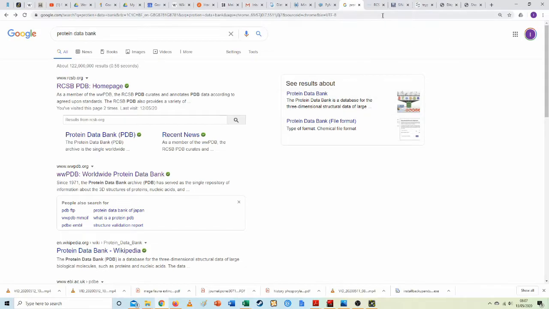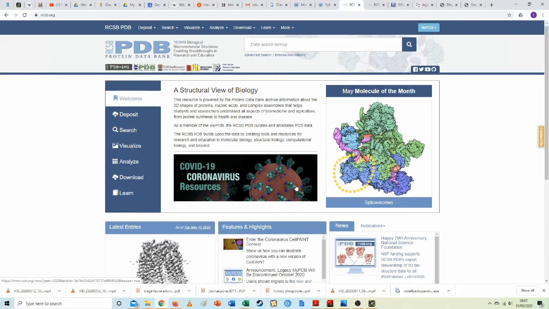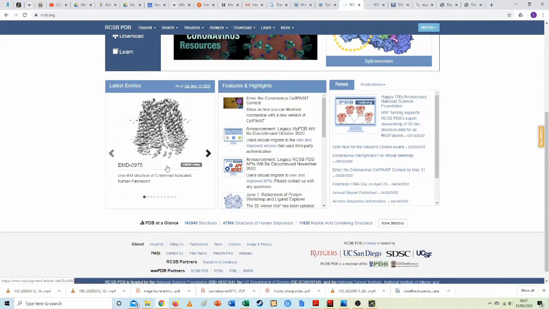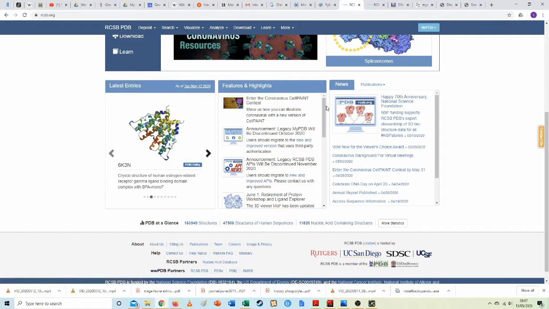So we'll go into the home page just now, and as you can see, one of the main things that people are trying to work with or figure out is coronavirus, and you'll see that there's another bunch of proteins that people have put up, and they've got featured highlights.